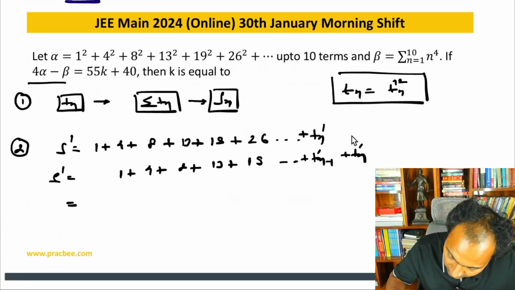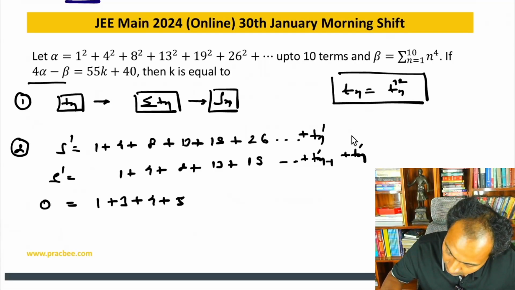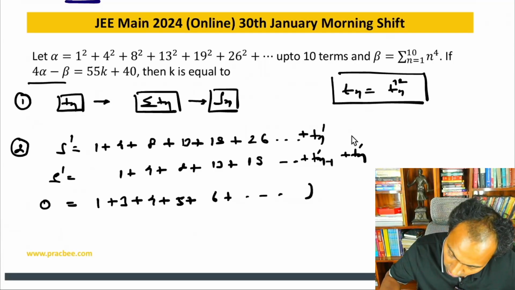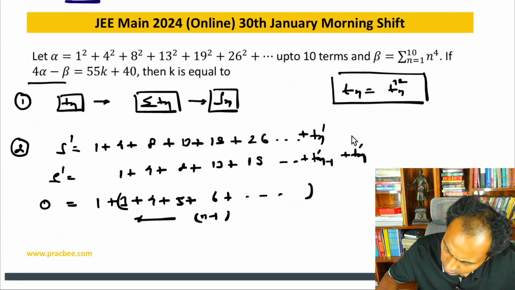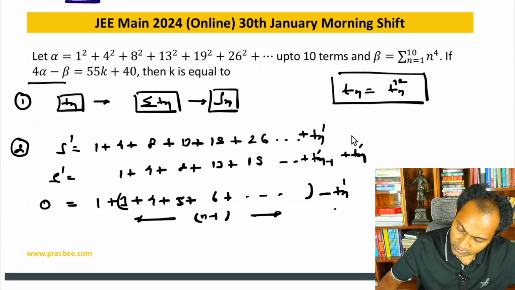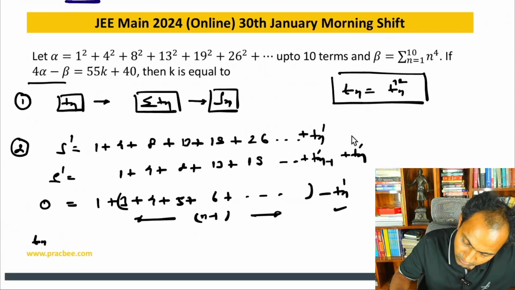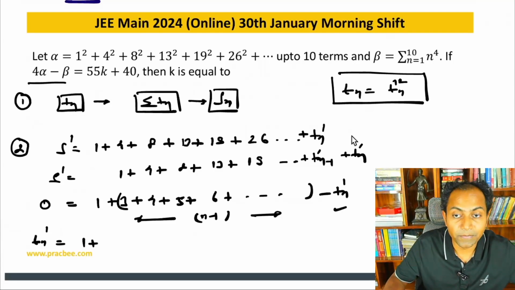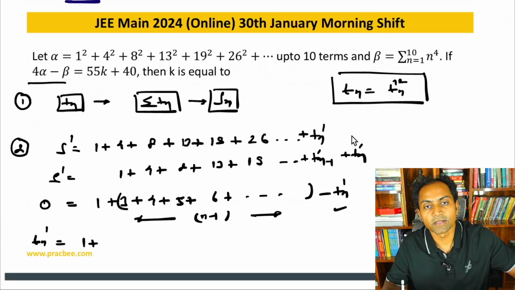Now if I subtract them, the left hand side becomes 0, this is 1, this is 3, this will become 4, this will become 5. You can see that this becomes 6, and this goes on till n minus 1 terms, and then you have minus T dash n. Now this term we will take on the left hand side. You can see that it is an n minus 1 term, but the terms that are written are in arithmetic progression.